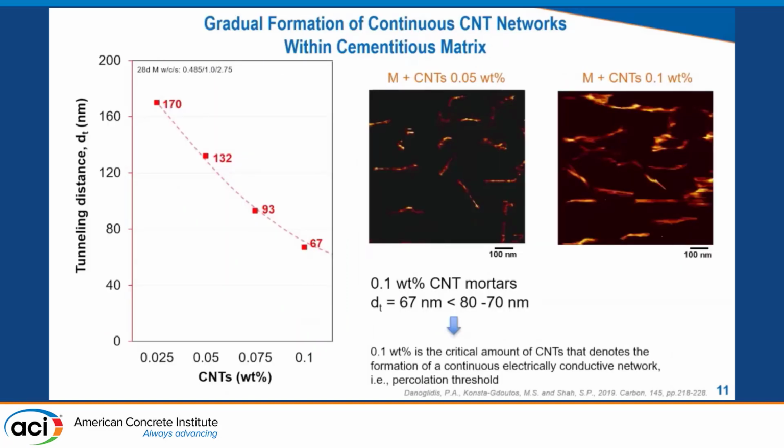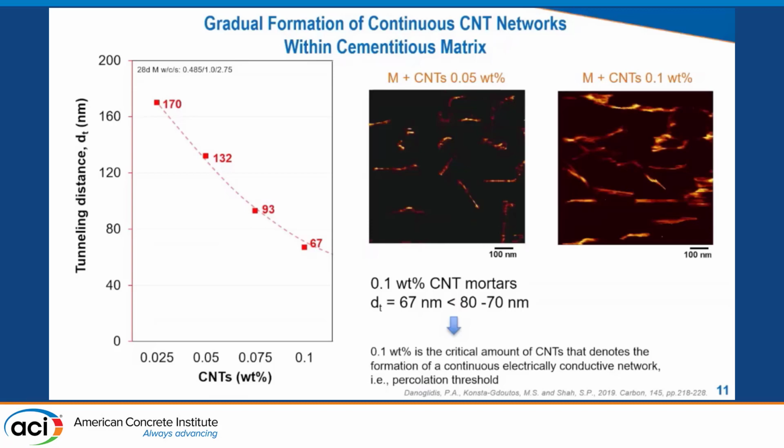Now, if we summarize the results for mortars with nanotubes from 0.025 up to 0.1% per weight of cement, we see a consistent decrease of the tunneling distance from this large value of 170 nanometer to 67 nanometer.